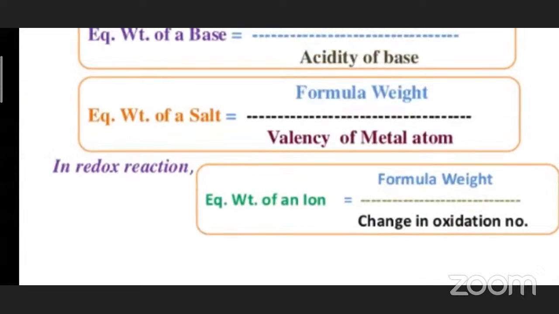Next. In redox reactions, while discussing the objectives, I have already told you what redox reactions are. The name itself says redox. Red stands for reduction, ox stands for oxidation.